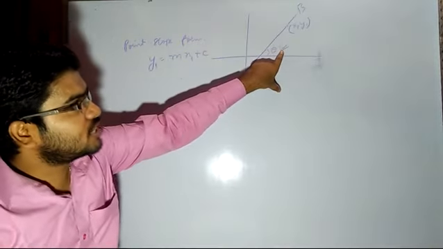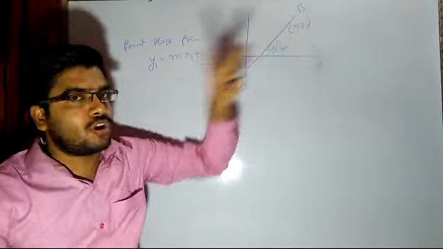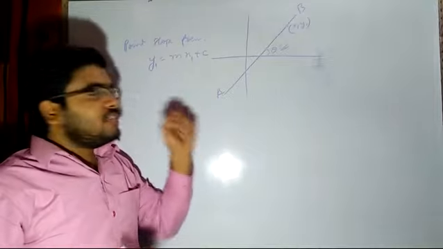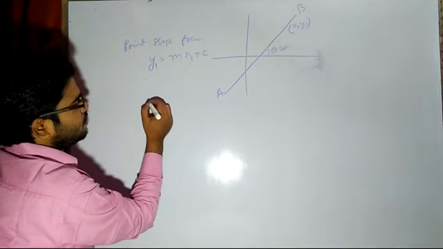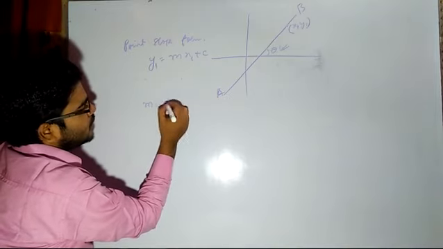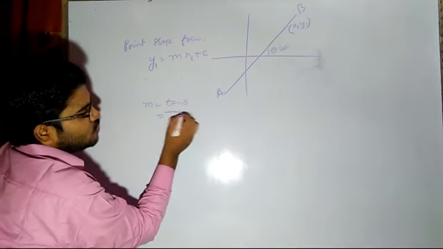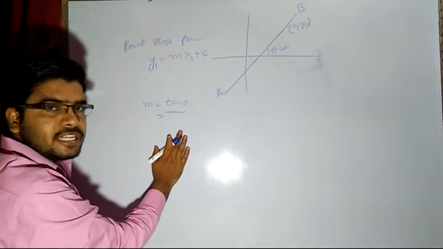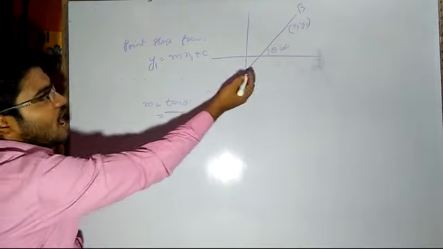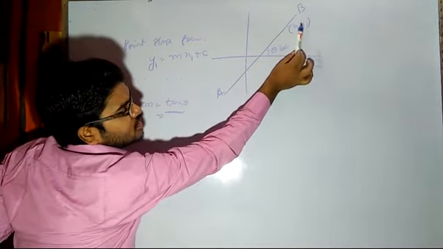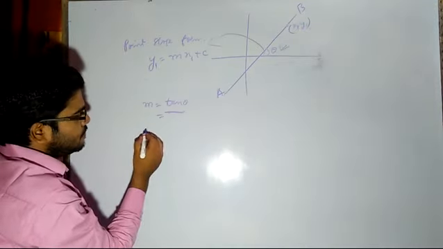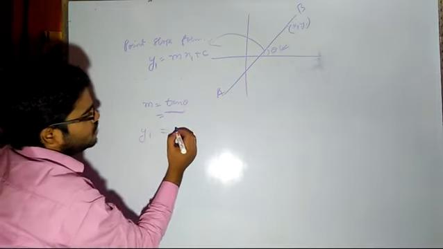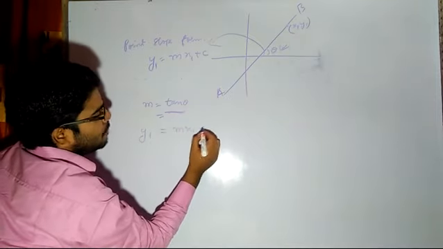That means theta as well as one point, only two pieces of information will be given, and then we have to frame the equation. So if these two are given, I can find out m is equal to tan theta. That means whatever numerical value I will get, I can easily write it here. Now I have to substitute this value and this value in this equation. So how will I write? First I will write the equation y1 is equal to m of x1 plus c.